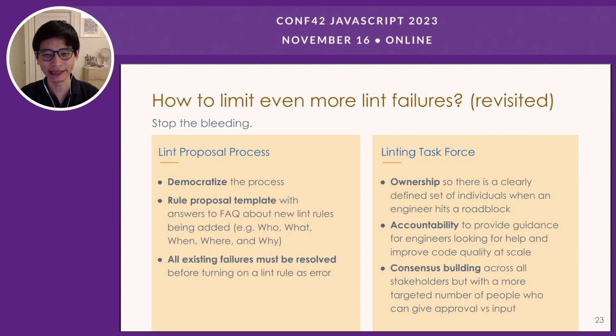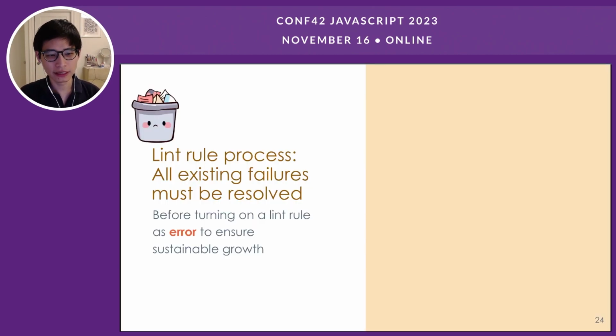Usually something that, you know, we've seen time and time again take production down. So at that point, let's push this rule out and make sure production is stable. So yeah, this was one of the key turning points for us. All new rules must have existing failures resolved.